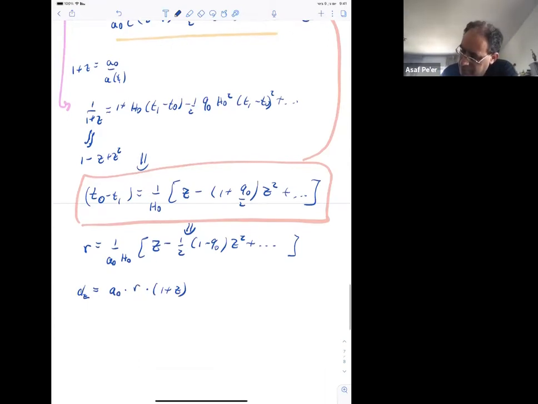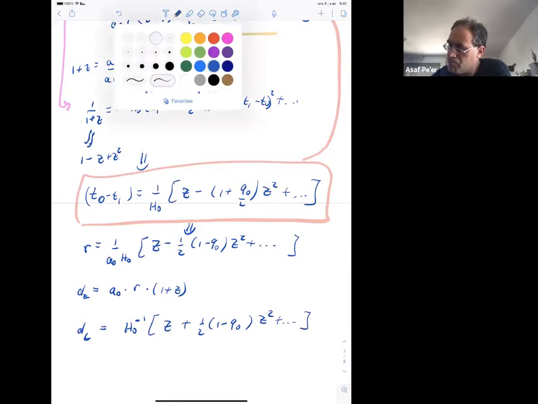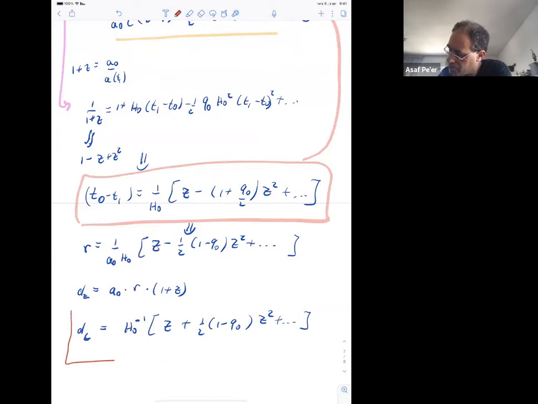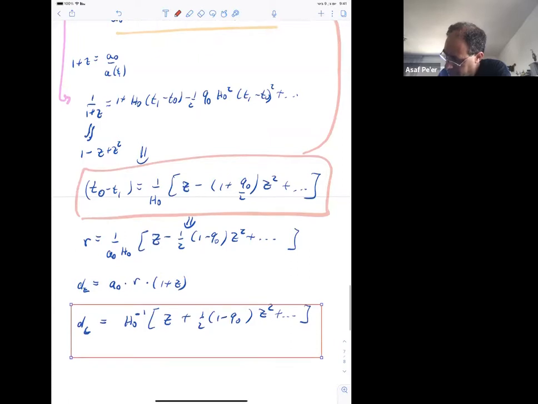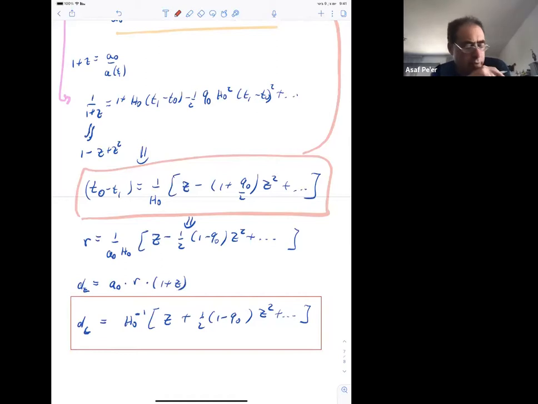And that leads us to dL as h0 minus 1 times z plus 1 half 1 minus q0 z squared plus extra terms. Which is what I promised you, an expression of the luminosity distance only in terms of measurable quantities.